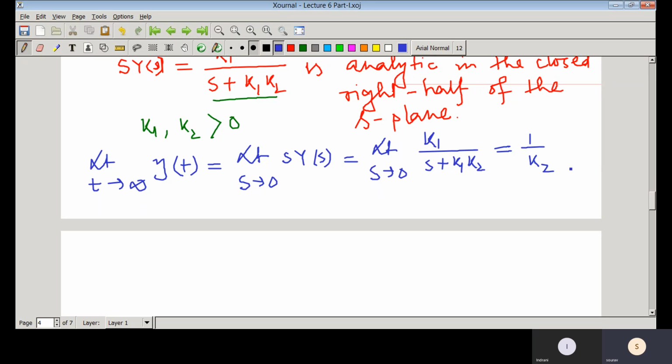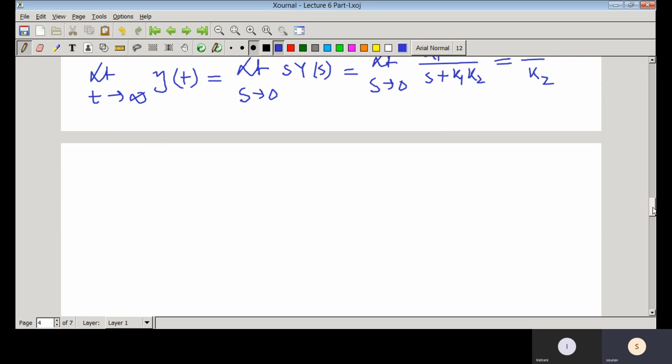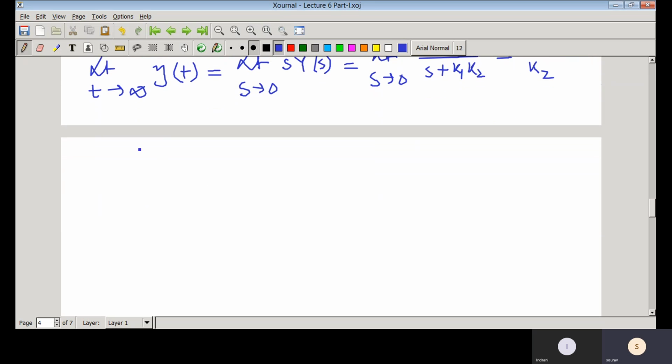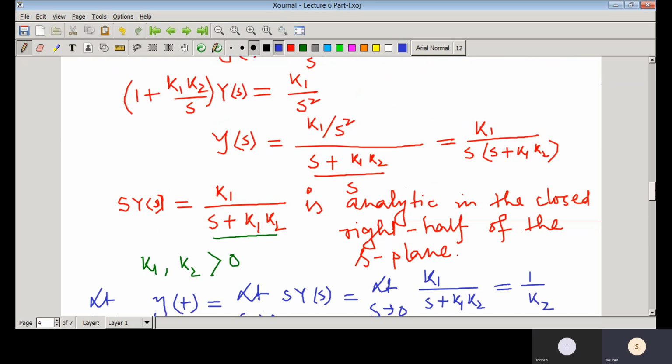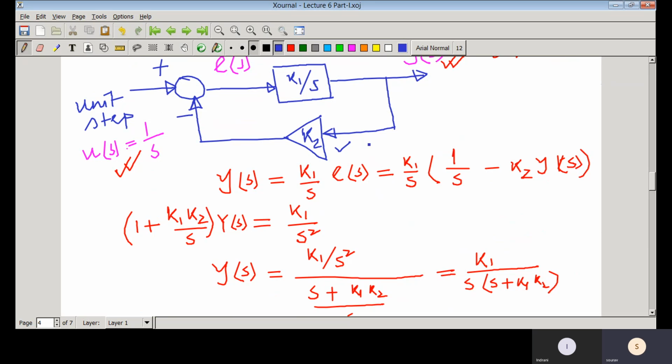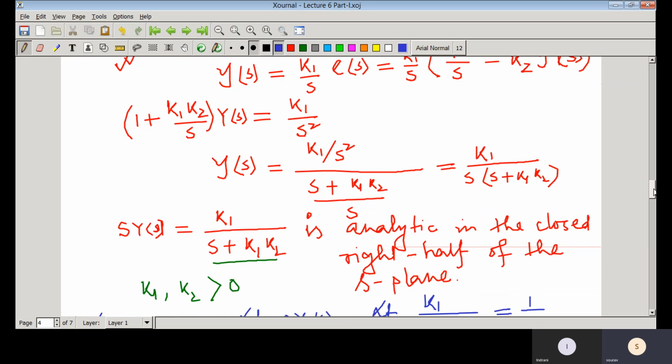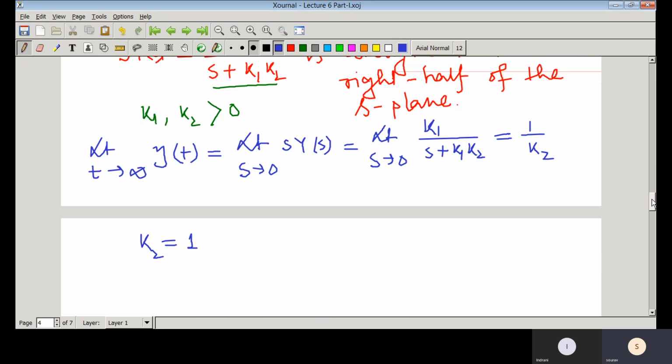Now if you take different values of K1 and K2, suppose K2 equal to 1. That means unity feedback, and then you will get y(t) equal to 1 when t tends to infinity. That is the steady state value.